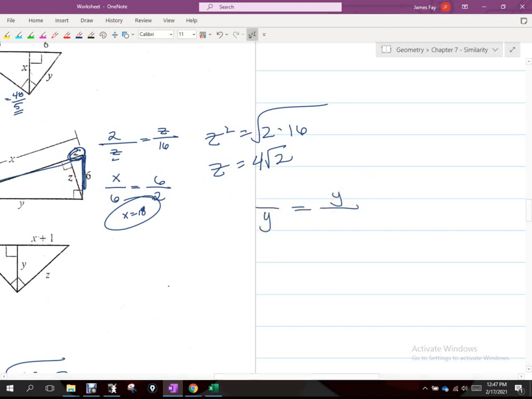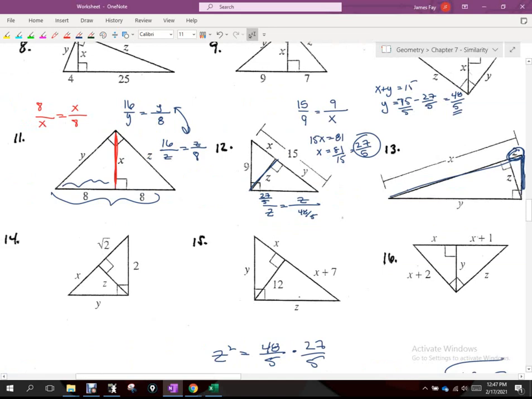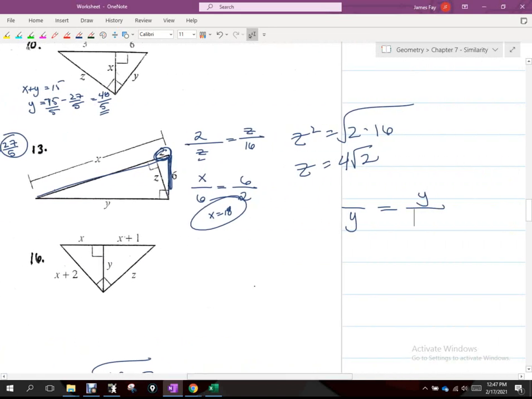That's the geometric mean between x, which we already know, we found that to be 18, and the part of the hypotenuse that's touching y would be 16, wouldn't it?